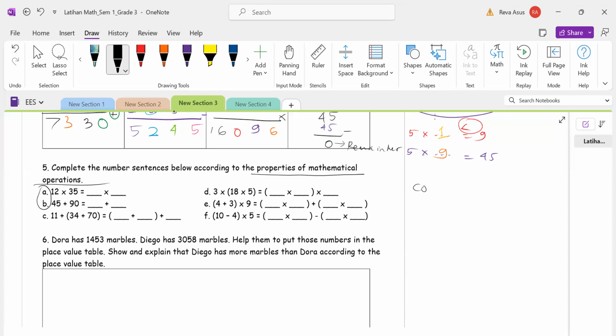Yeah, commutative. Commutative property. That is for number 5, A and B. C and D is the associative property. And then the E and F is the distributive.